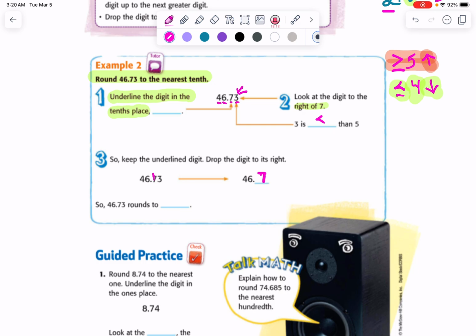It's staying the same. So 46.73 rounds to 46 and 7/10. Or we could say 46.73 is congruent to, or about the same as, 46.7. Right? Let's practice.